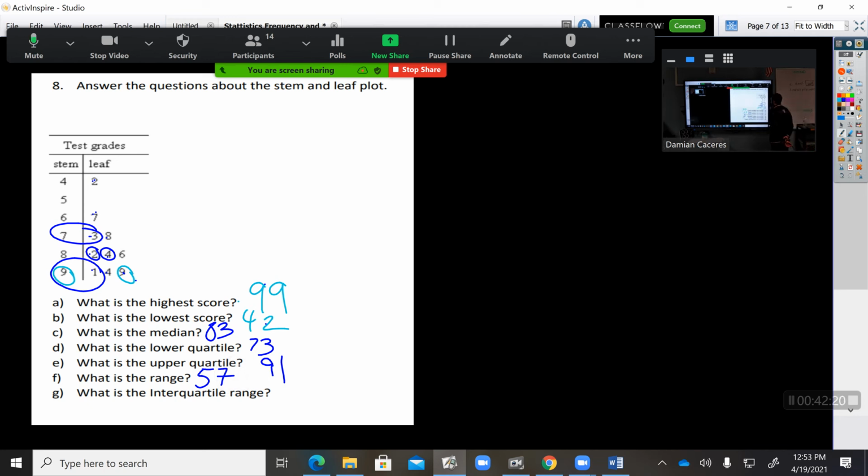And the interquartile range is the upper quartile minus the lower quartile, so 91 minus 73 is 18. Any questions so far?